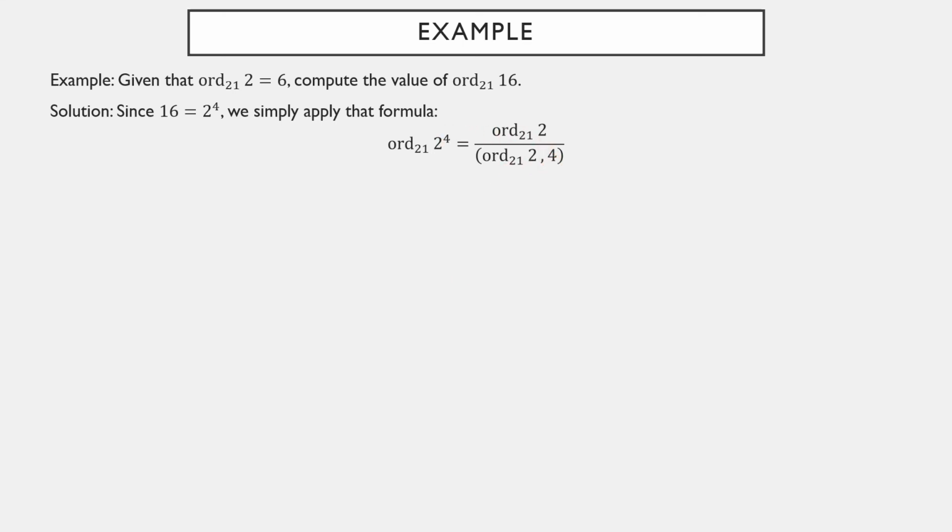And we were given that the order mod 21 of 2 is 6. So I replace that as 6 over the GCD of 6 and 4, 6 over 2, aka 3. Therefore, the order mod 21 of 16 would be 3, assuming that the order mod 21 of 2 is actually equal to 6, which it is. And that's a lot easier than trying to compute powers of 16 and reducing them mod 21.